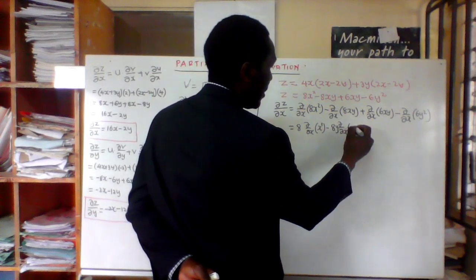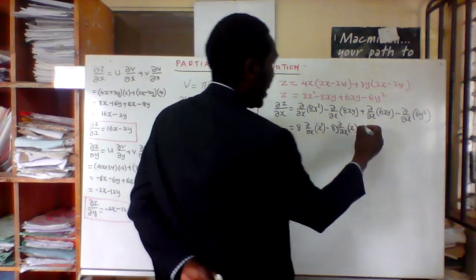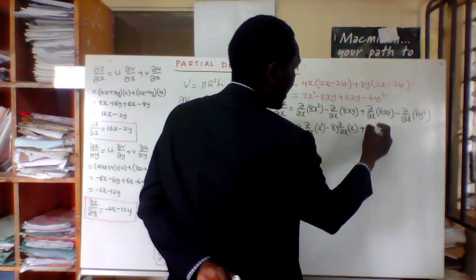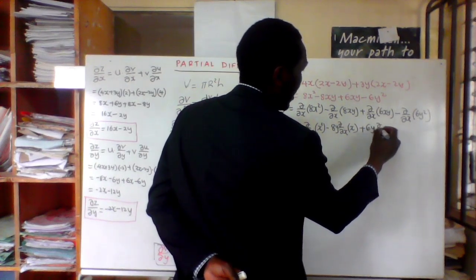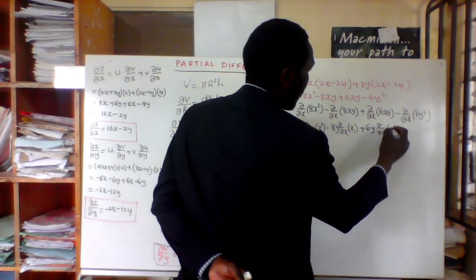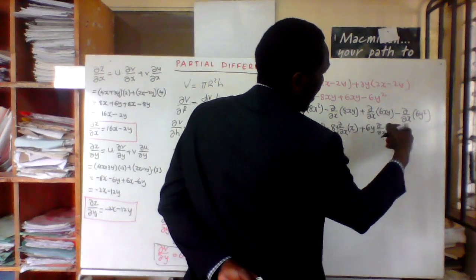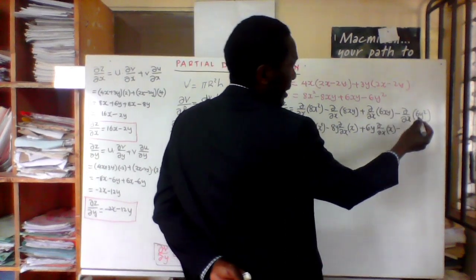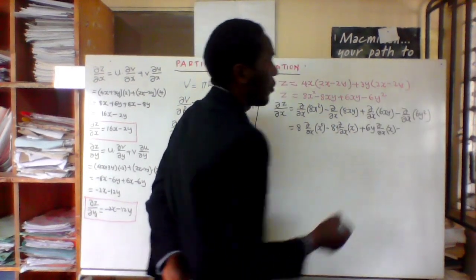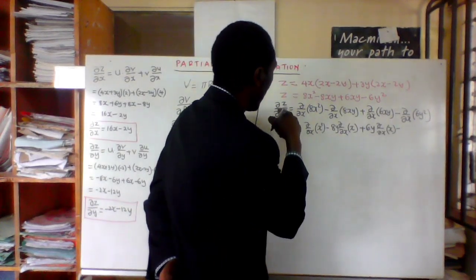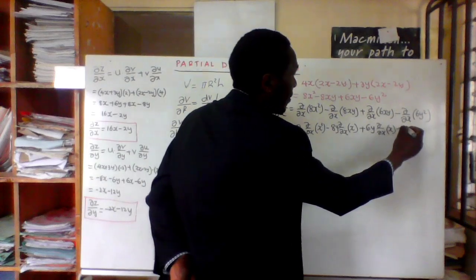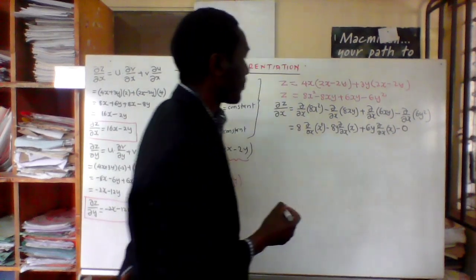Then we are doing partial derivative with respect to x, plus 6 is a constant, y is also a constant there, partial derivative with respect to x of x minus. Here we are treating both 6 and y squared as constants because we are holding x as the only variable, so this will give us 0.